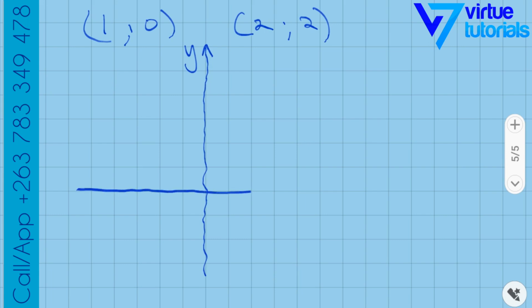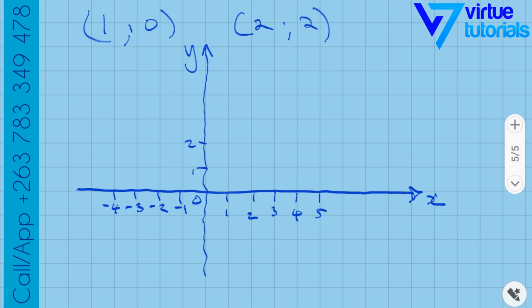You can certainly draw better than me. Then the x-axis there, you can do your numbering there: 1, 2, 3, 4, minus 1, minus 2, minus 3.